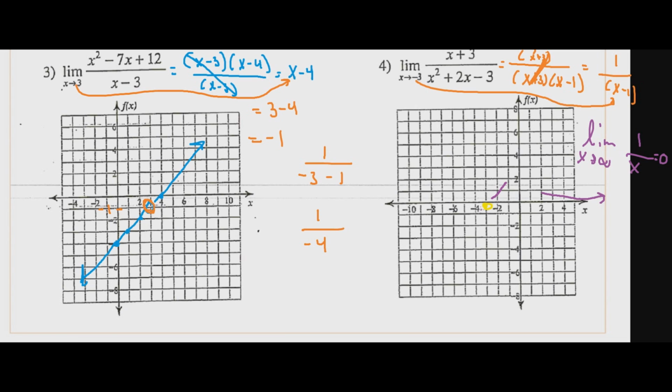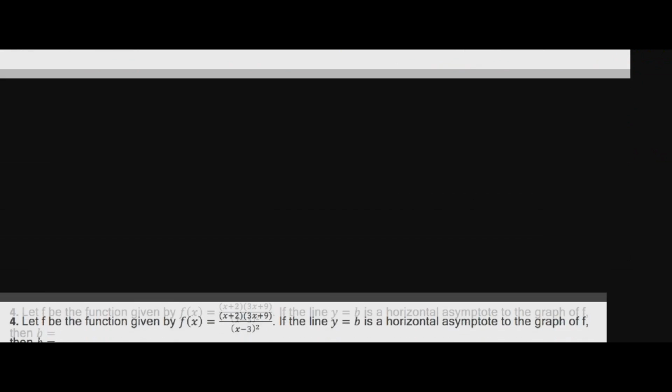I'm thinking something like this, and it gets closer to 0, and then vice versa. Something like that, but again, these are not perfect. You don't have to really graph them if you don't want to. The biggest thing for us is basically just knowing where the hole is located.